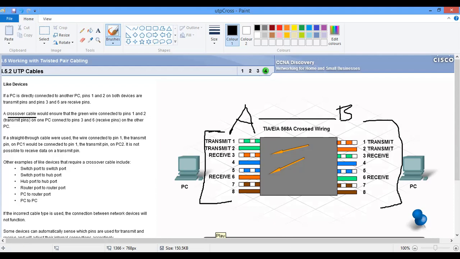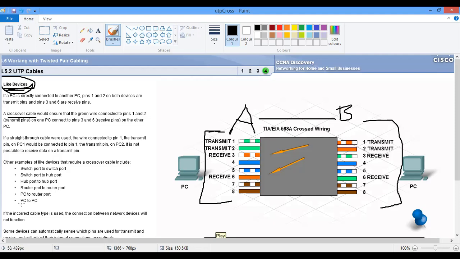And where do we use a crossover cable? It is when you are connecting like devices. What are the like devices?